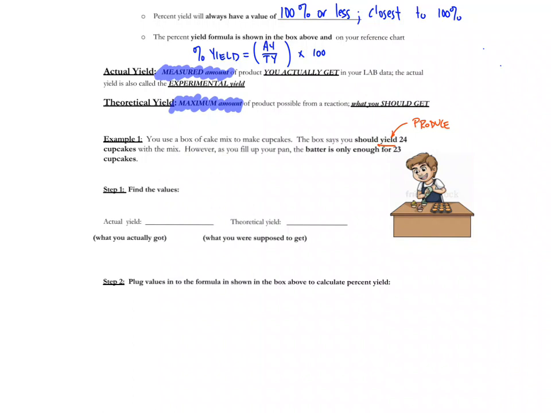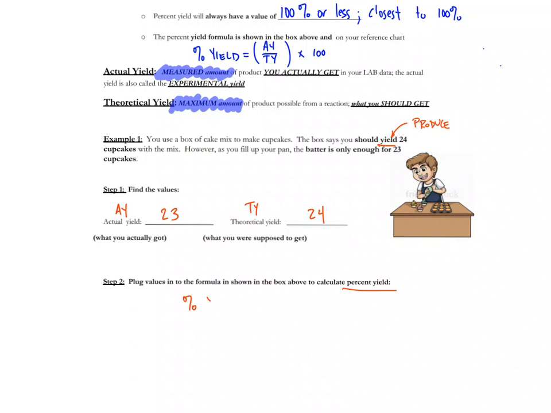Okay, so first of all, determine what is your actual yield and what is your theoretical yield. Well, how many cupcakes did you actually form? I formed 23. The box says that I should have formed or produced 24, so that's my theoretical yield. So actual yield, theoretical yield. Now I plug it into my equation and figure out the percent yield.